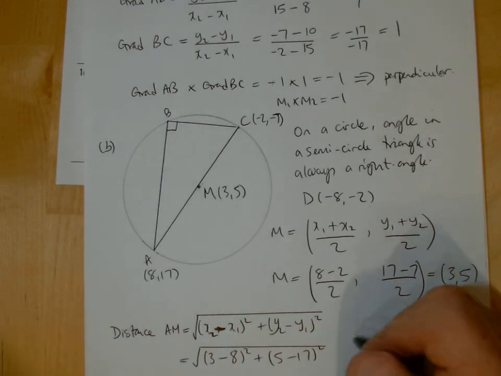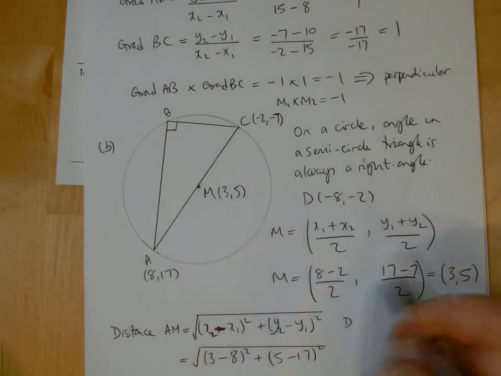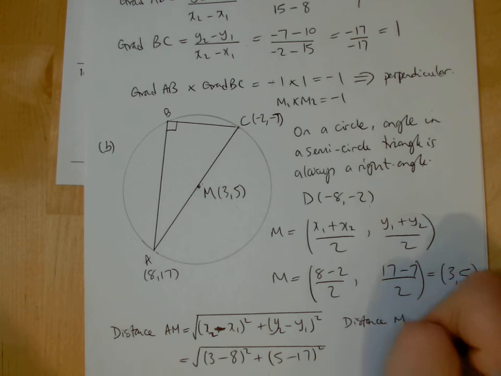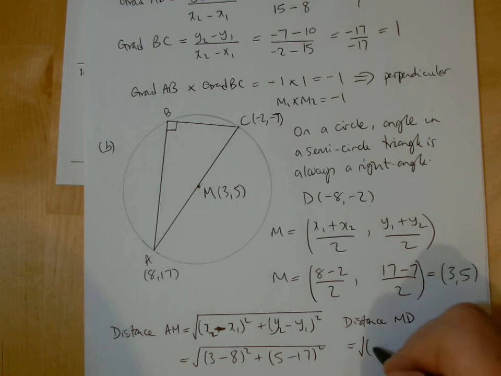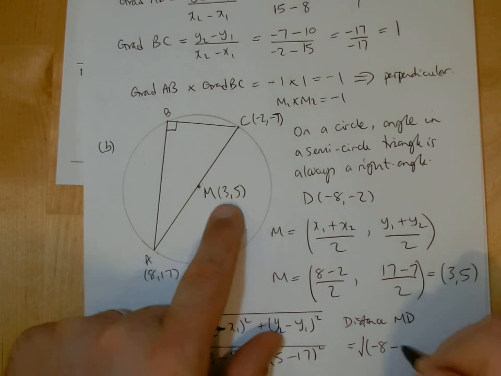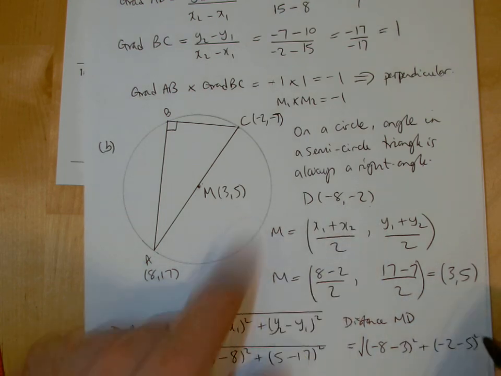Now let's work out the distance from M to D. If it's less than 13, it'll be inside the circle. If it's equal to 13 exactly, it will be on the circle. If it's more, it'll be outside. So we've got -8 minus 3 all squared, plus -2 minus 5 all squared.